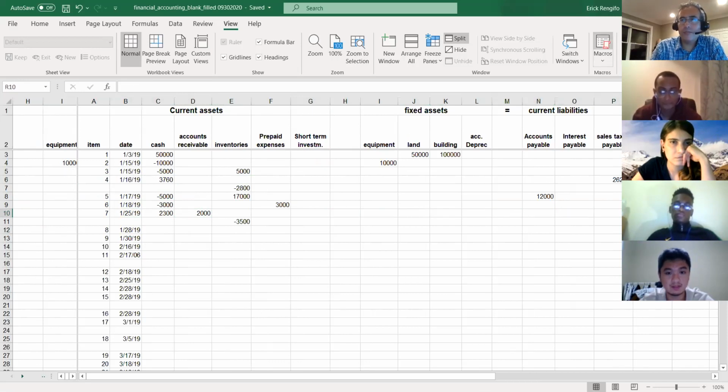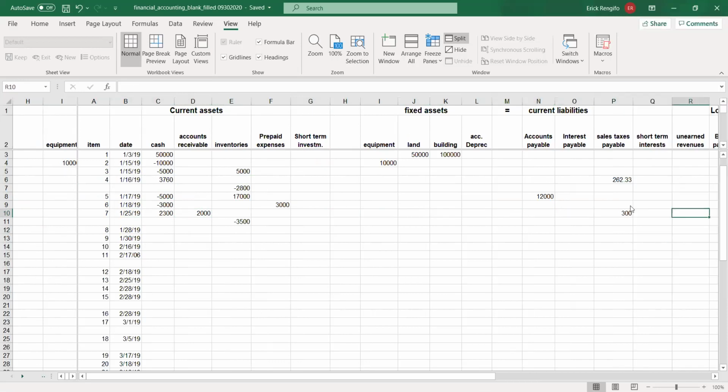And the other one is 262.33. I think it's 7.5% of the total. In the first case, we sold 3,497, so the tax equals 262. And in the second case, we sold $4,000 in merchandise, so $300 is the tax, 7.5%. Okay, all right, I get it.